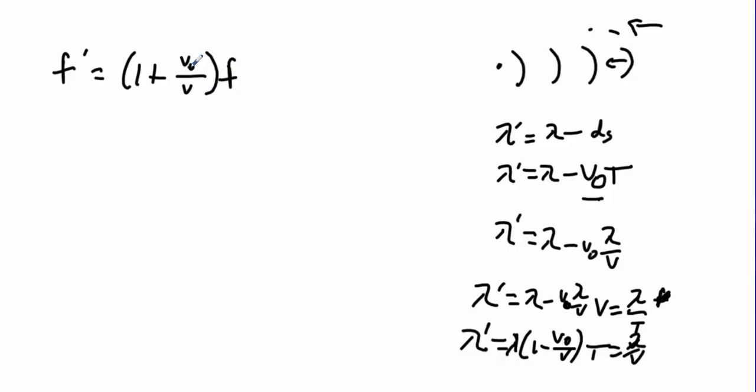You'll notice this is actually going to increase our frequency because this is moving together. Here we have a shorter wavelength or a higher frequency. So this is towards the source.